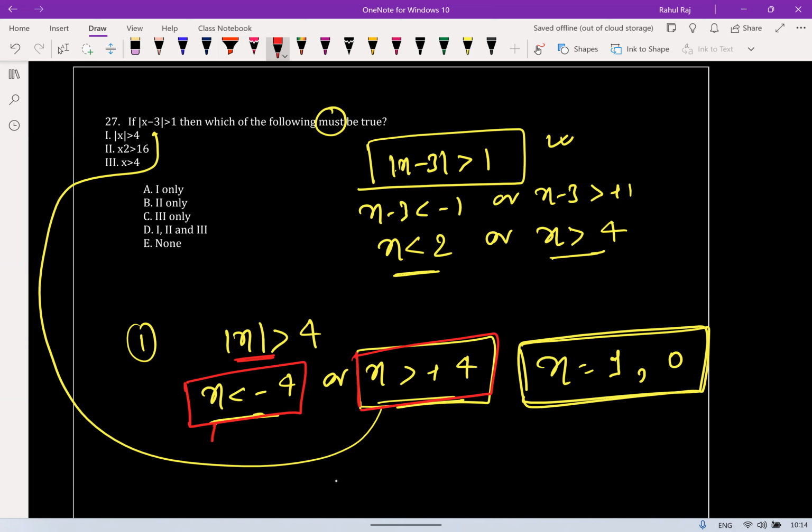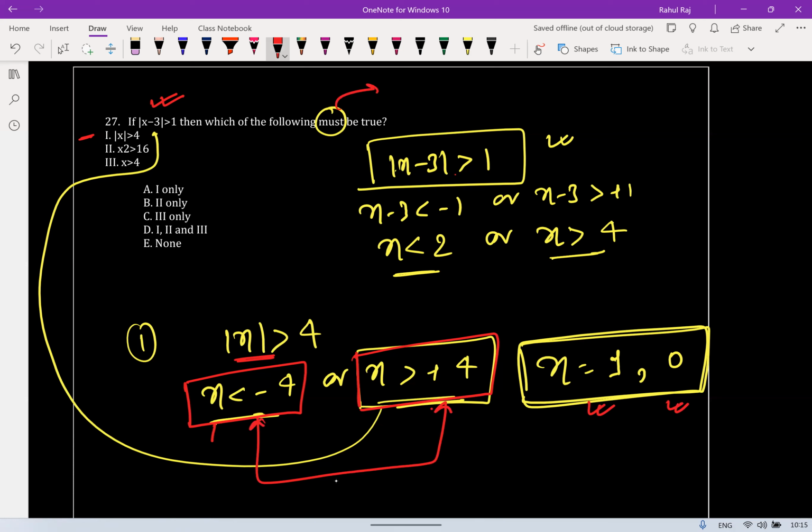For x less than negative 4, mod of x minus 3 is greater than 1. For x greater than 4, mod of x minus 3 is greater than 1. Why should I not say this is the answer? You cannot say this as an answer because mod of x minus 3 is greater than 1 also for x equal to 1 and x equal to 0. And your consideration does not include this.